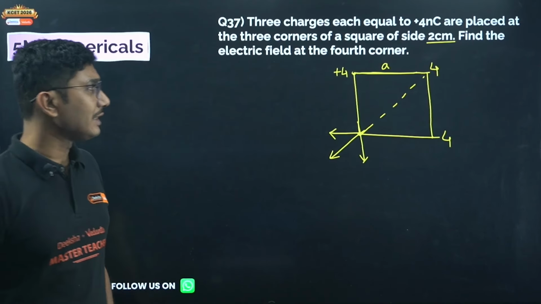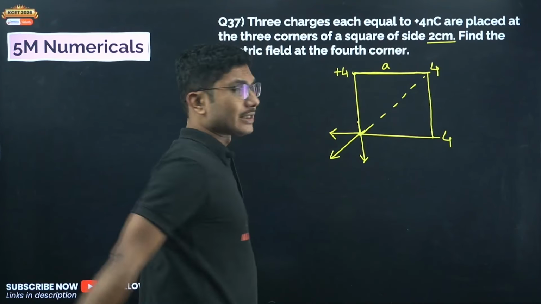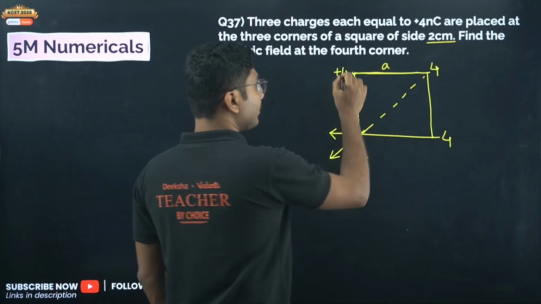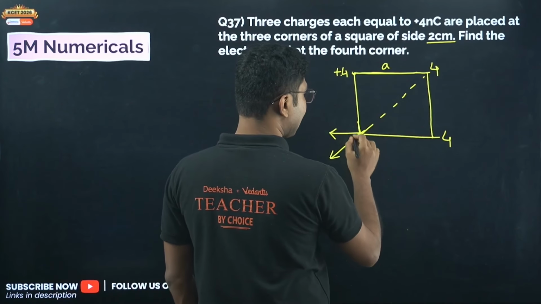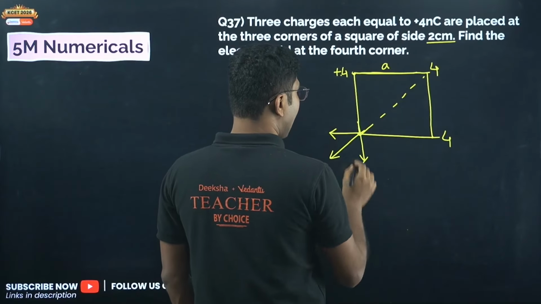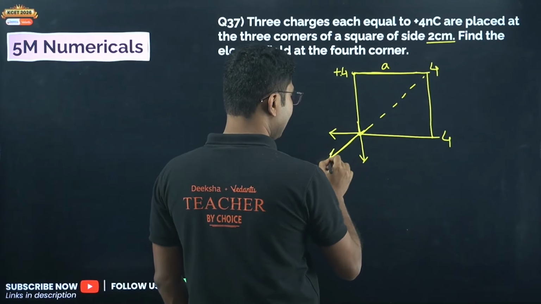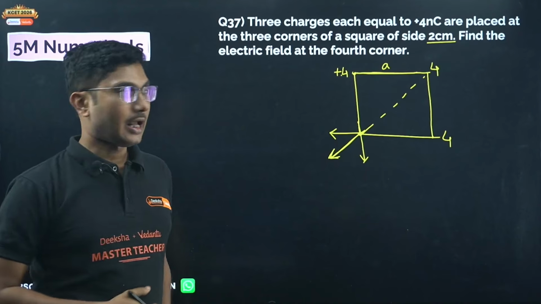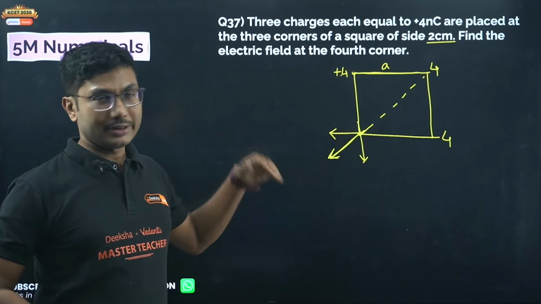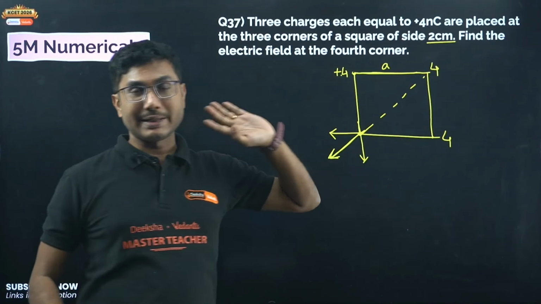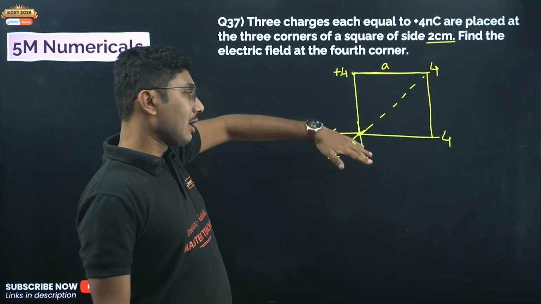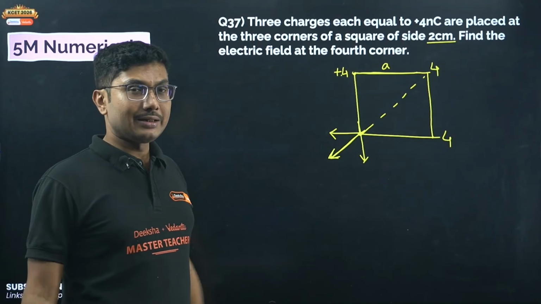Now as you can see, because all the charges are same, this 4 and this 4 are at exactly 90 degrees, and their resultant will be along the diagonal direction. This is only because these two charges are same. If they are not same, then it would be a lot more complicated.